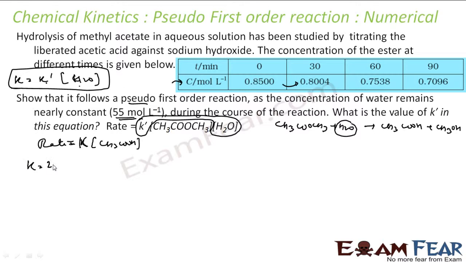So K, if you want to find, this becomes 2.303 by T log of R naught by R. Let's take this pair of readings. Find the value.